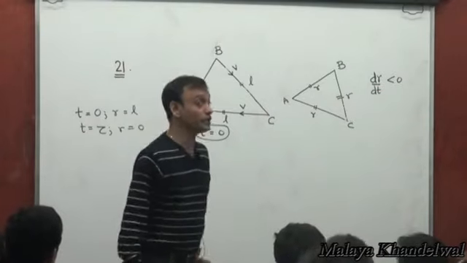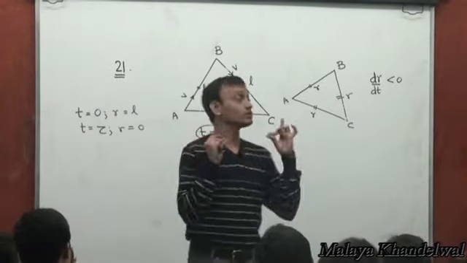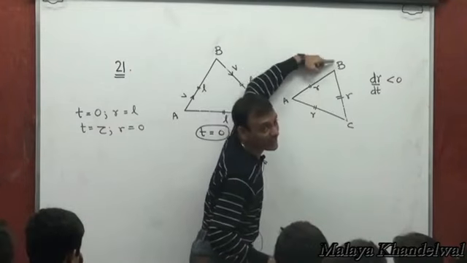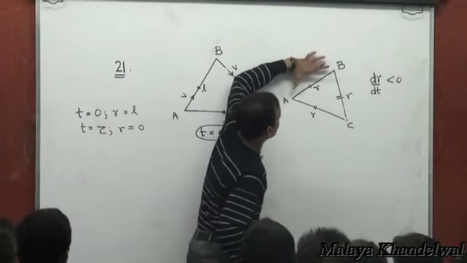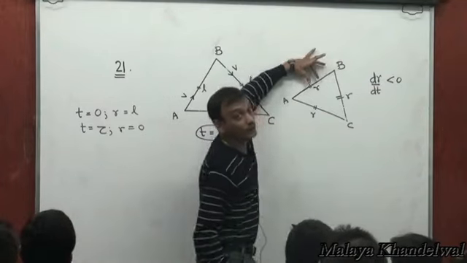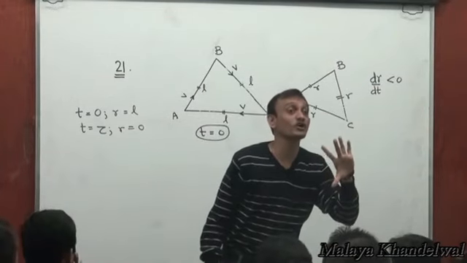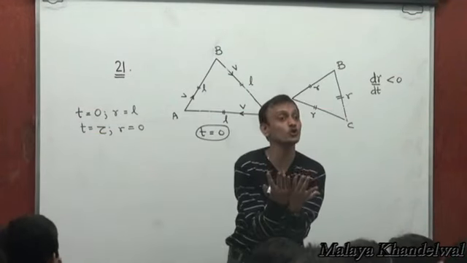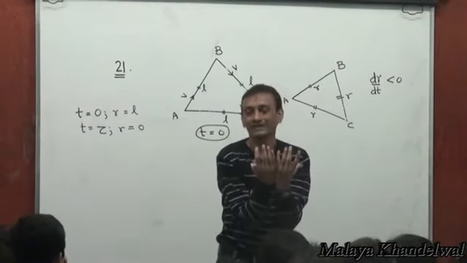Magnitude of dr dt is a measure of their relative velocity, let's say, if you look at A and B, the magnitude of dr dt will give me the relative velocity of A with respect to B along AB, yes or no? Are you there with me?